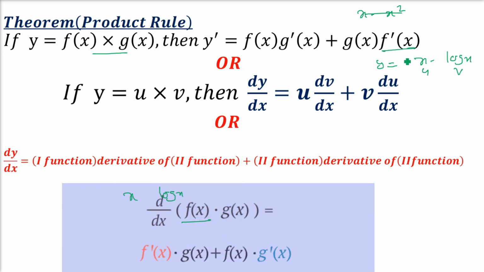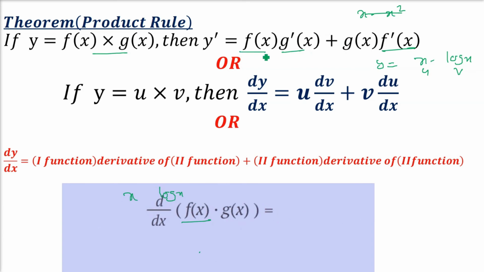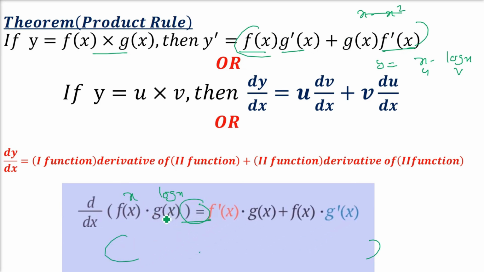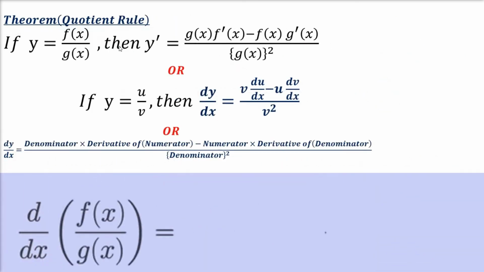That is, f dash x into g x plus f x into g dash x. This is how you will do. So this is the product rule. Along with this, because it will be used a lot, when you have two functions or three functions, first you will start with two of them, apply this, and then complete the result.